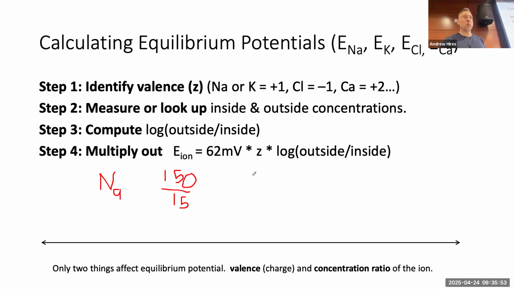What power do we have to raise 10 to get 10? 1. So ENa is going to equal 62 millivolts times the charge of a sodium ion, which is 1, times the log of outside to inside, which is 1. So we get +62 millivolts for ENa. And now, what about for potassium?